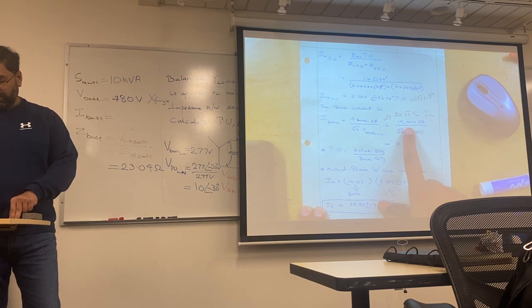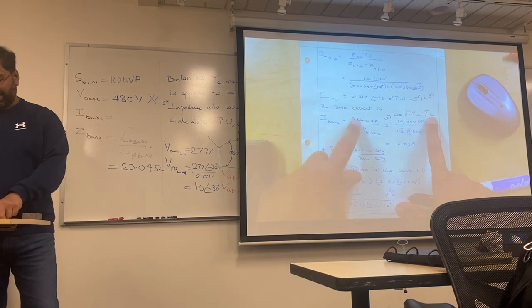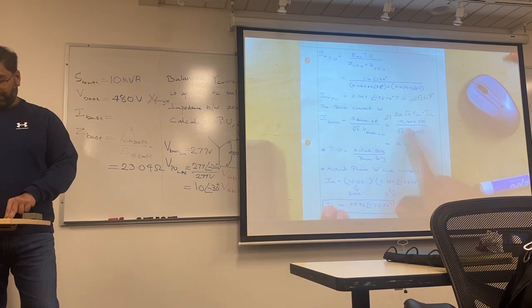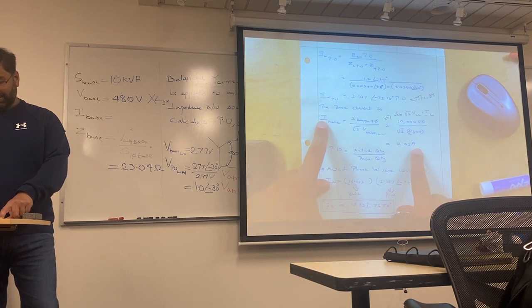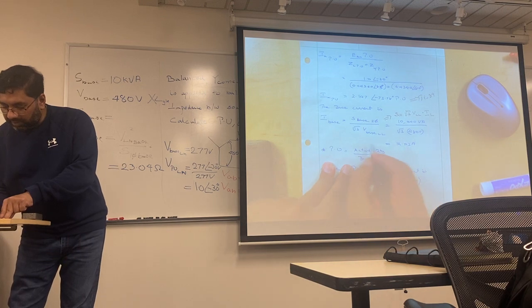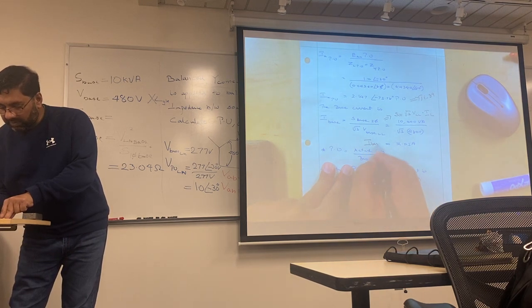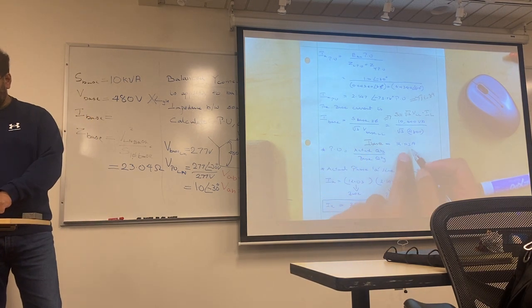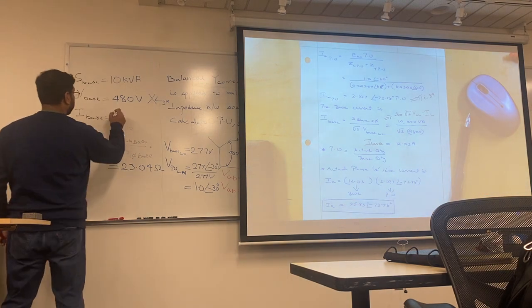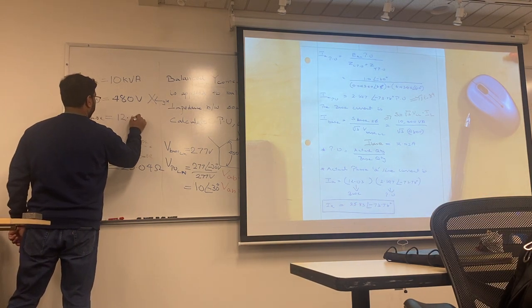So all that I'm doing is I base is S base of 3 phase divided by √3 V base line to line. 10,000 VA was our base, 480 volt was our 3 phase base. I add the √3 here. Out pops an I base, and this is my I base with a current of 12.03. So I base is actually 12.03.